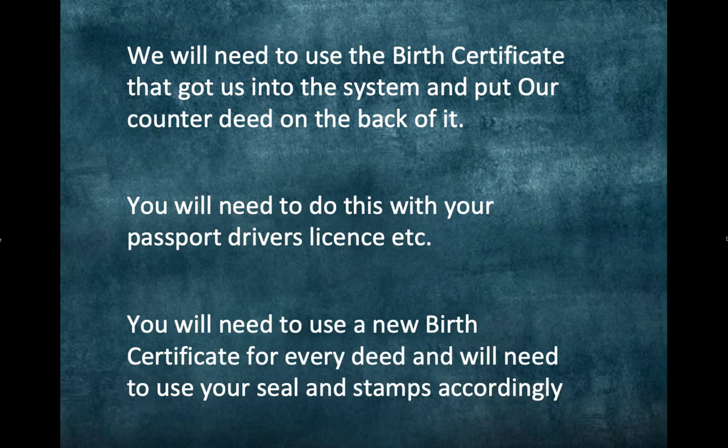Okay, so you'll need to put your dollar stamp up on the top right. Put your barcode from your registered mail. You put your 5-cent stamp on the back bottom right hand corner of the back. Put your seal there and get your witnesses to sign it.